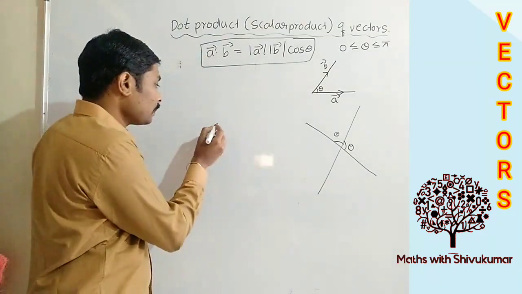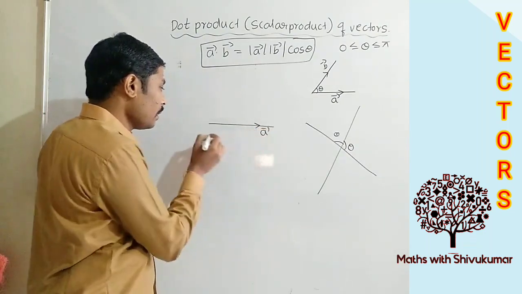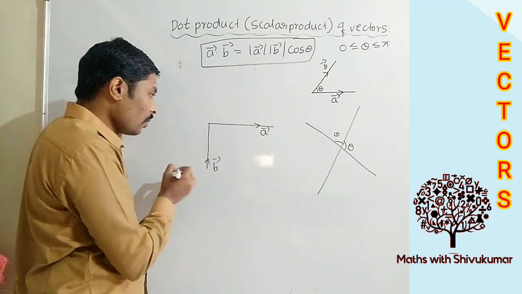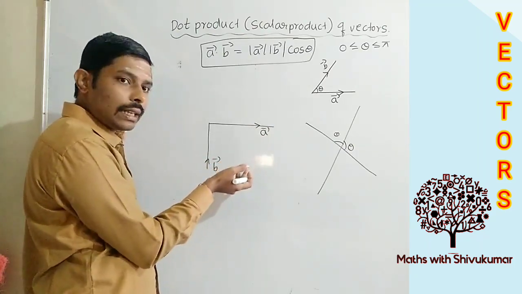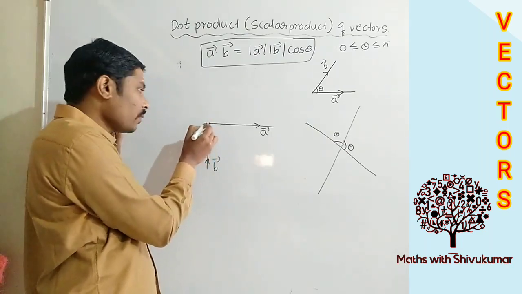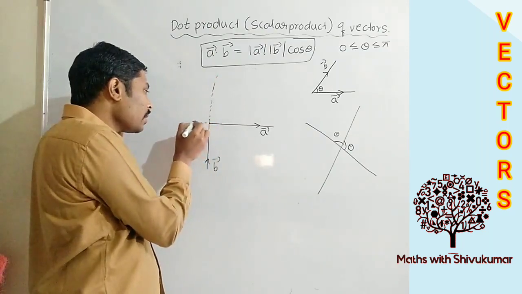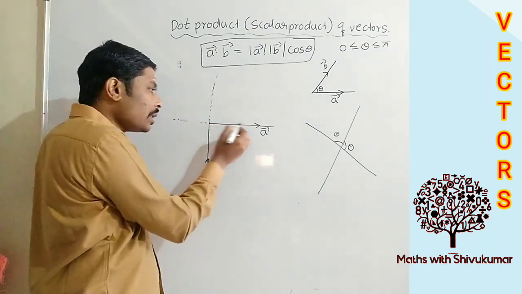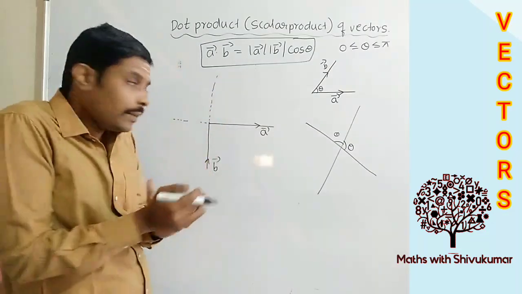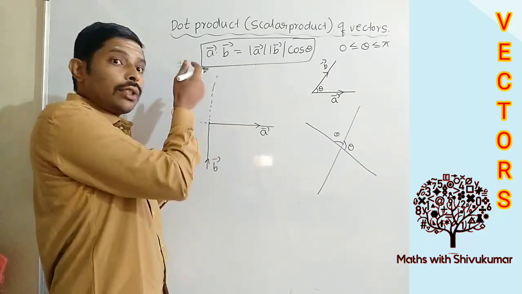For example, this is vector A, this is another vector B. So if you want to consider the theta, this is not our theta, this is also not our theta. We will extend this one. We will extend this one. Actually direction is this side, no? Direction is this side. So how to calculate angle means, after intersection see how far the direction is going.